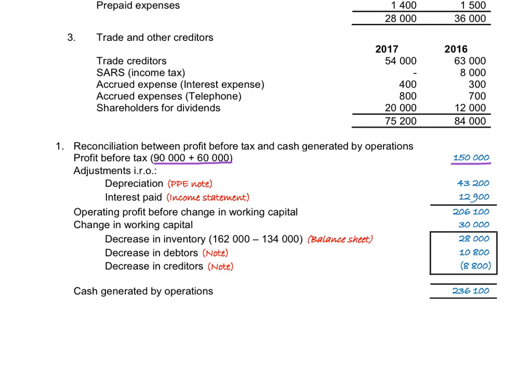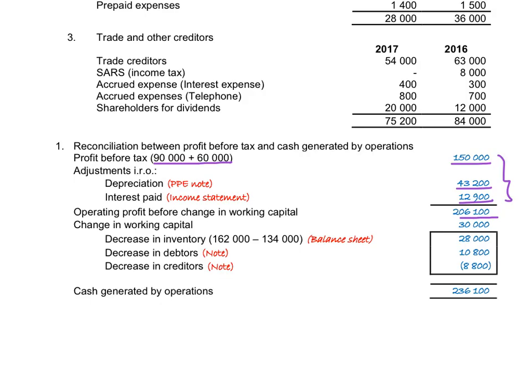So the interest I will add back and the depreciation I will add back. I will show the calculation for depreciation if it's not given, so that you know how to calculate it. Then I will add these three figures together to see what is my total profit or inflow of money before we take our other current assets and current liabilities into account.